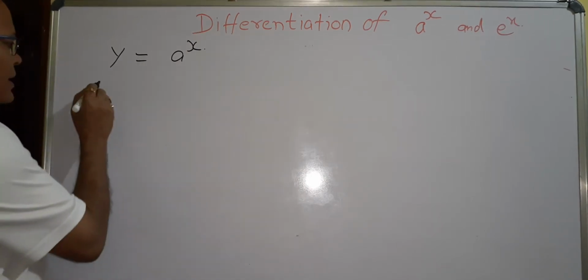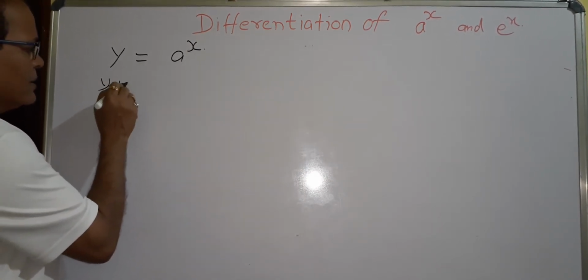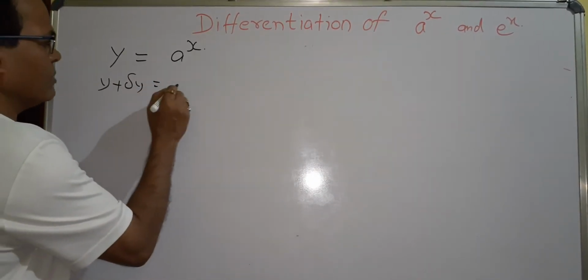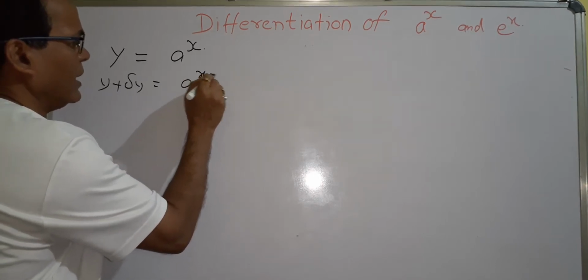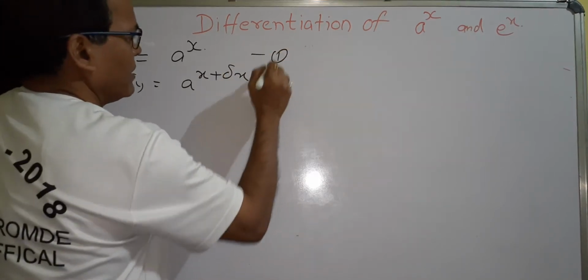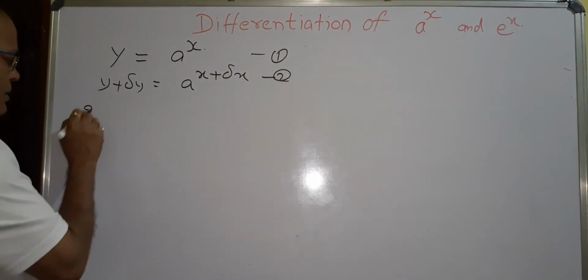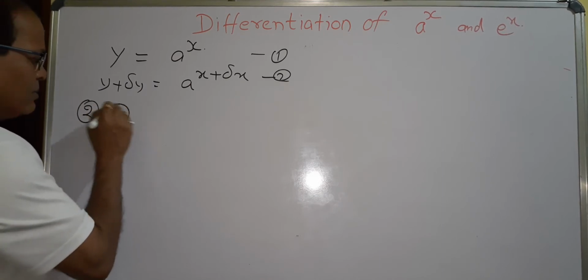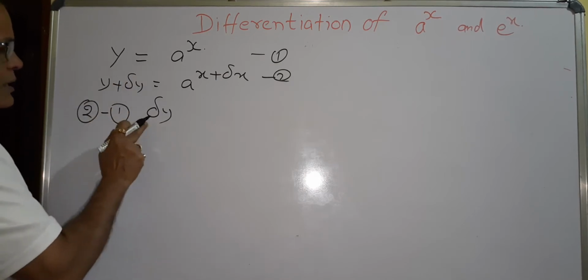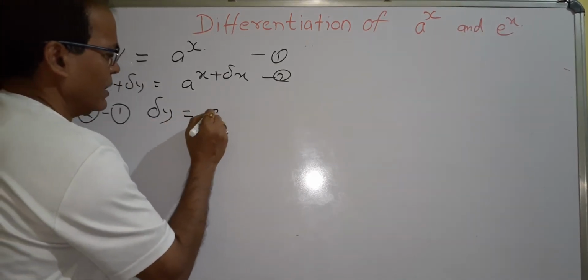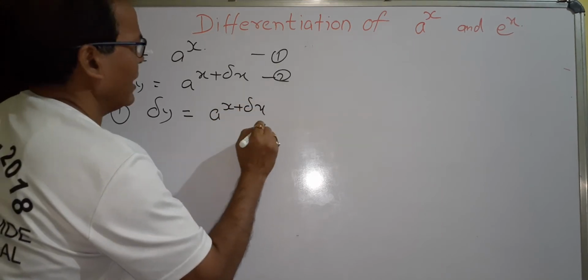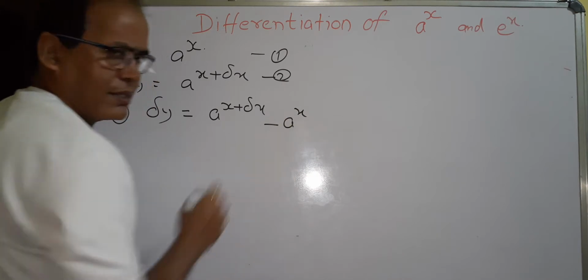Then we will write y plus delta y, small increment as before also I taught, is equal to a to the power x plus delta x. So if it is 1 and 2, equation 2 minus 1 will give delta y. Y plus delta y minus y is delta y, equal to a to the power x plus delta x minus a to the power x.